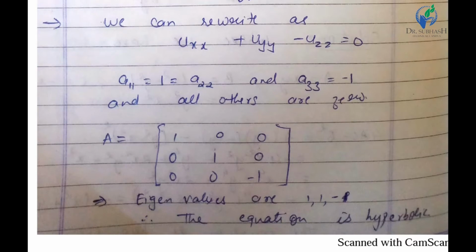So here two values are positive and one is negative. So as discussed before, on the three conditions of eigenvalues, we get here 2 positive and 1 negative value. So the given equation is hyperbolic, we can say.